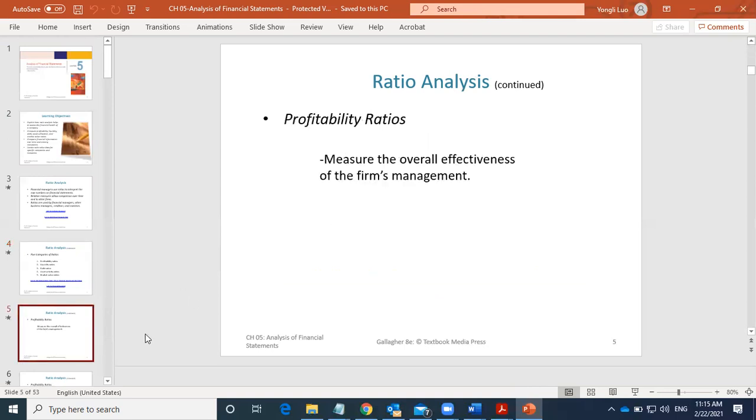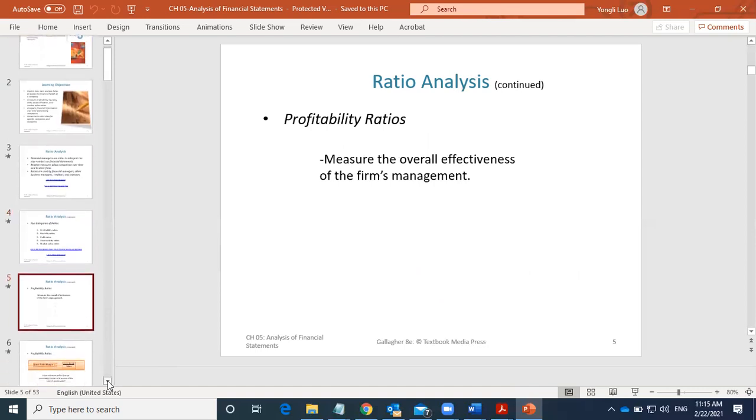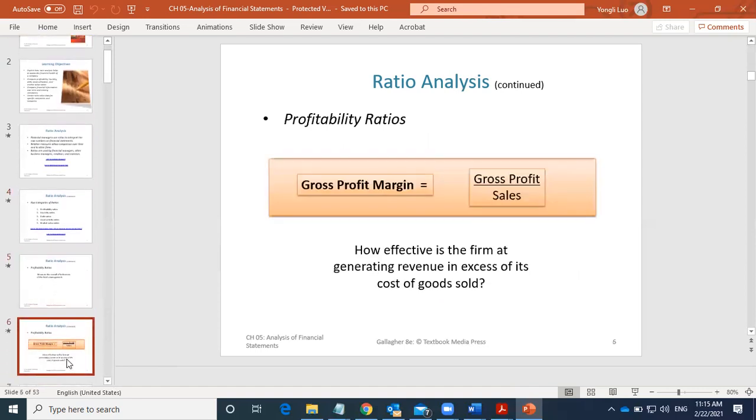Profitability is basically the company's profit. The first one is gross profit margin. Gross profit margin is your gross profit divided by your total sales.